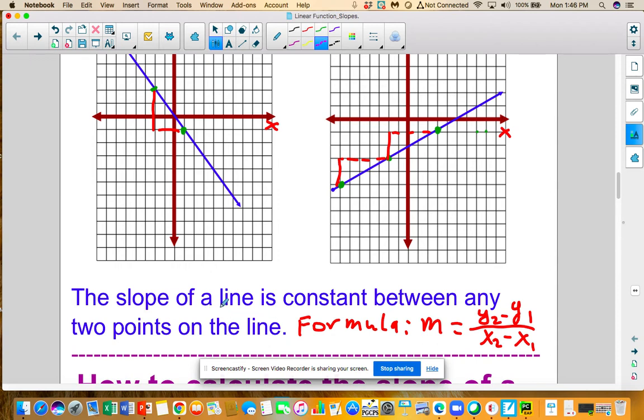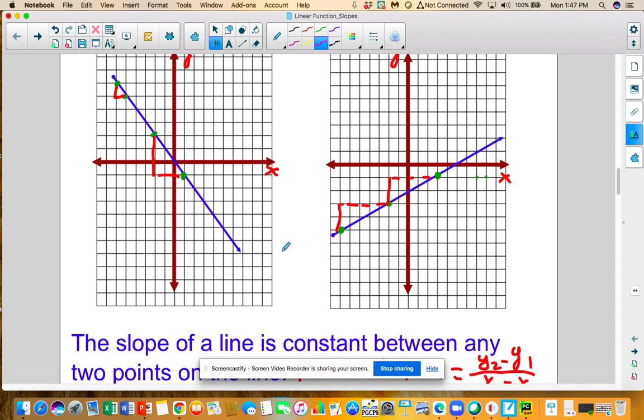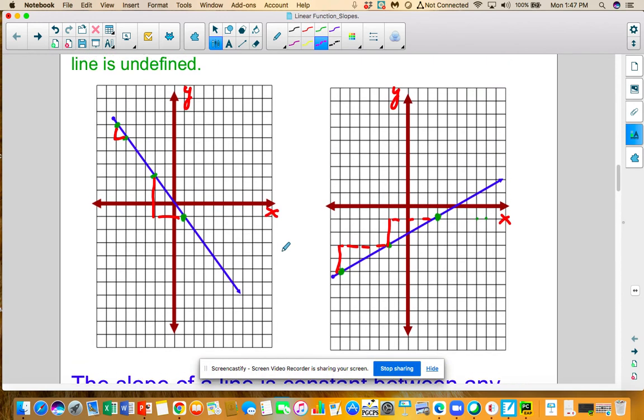Meaning that any 2 points that I take on a line, the slope will always be the same. For example, this line right here, if I want to find the slope, first, because from left to right I'm going down, that means the slope would be negative.